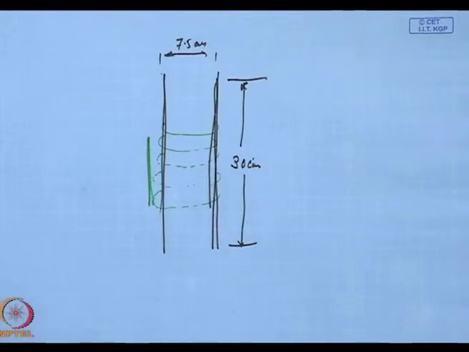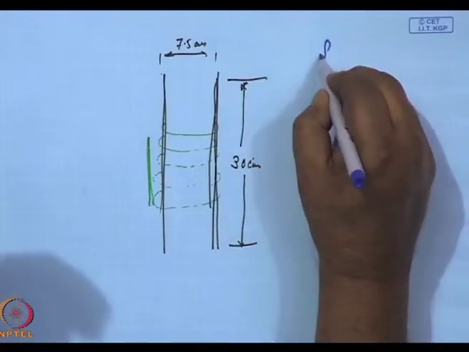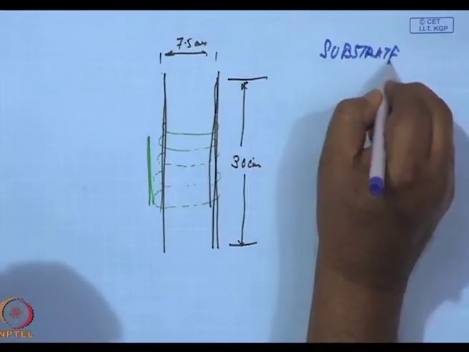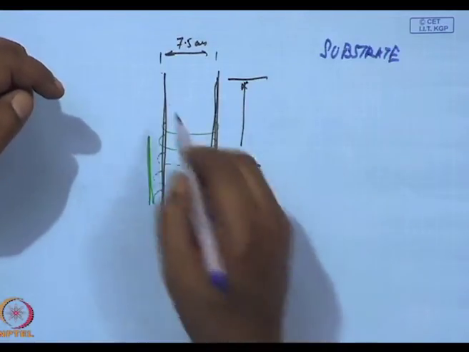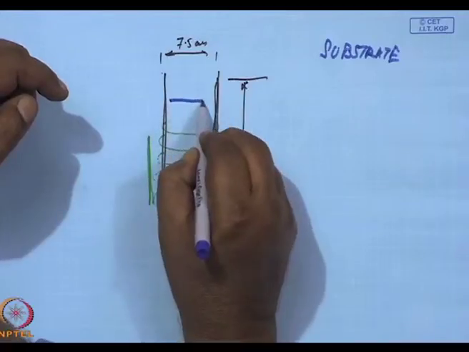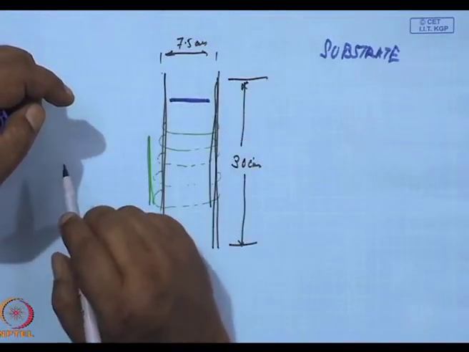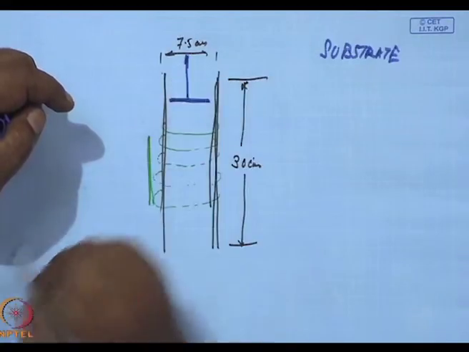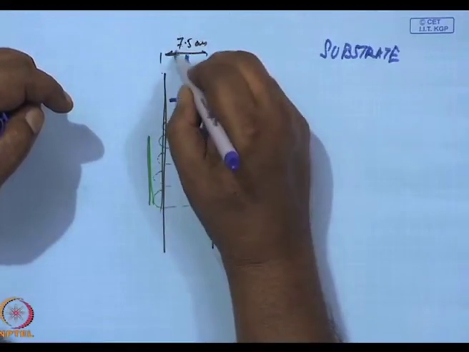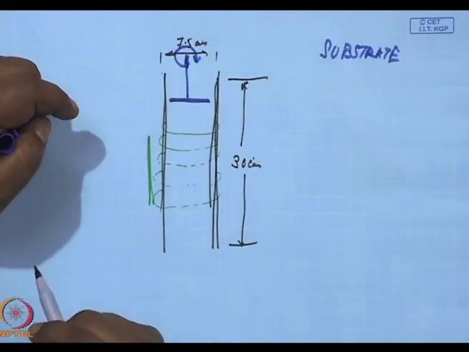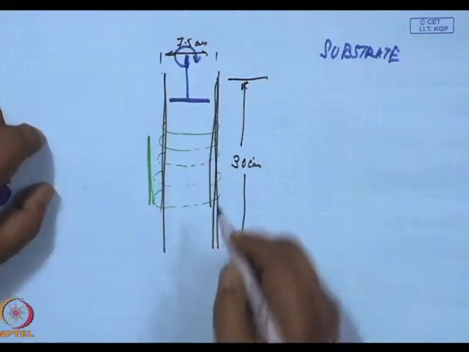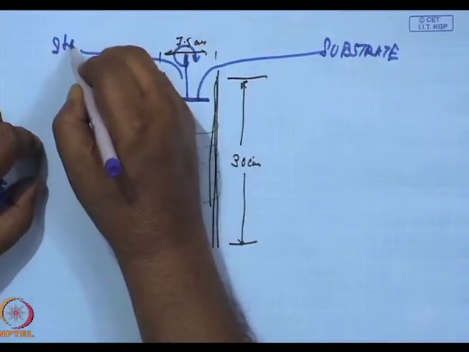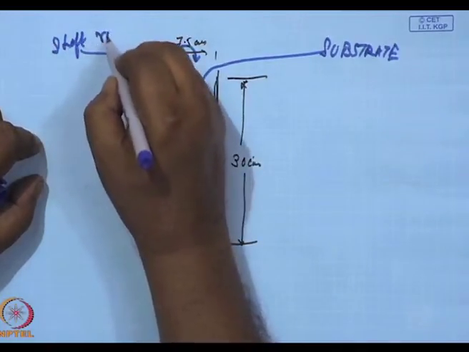Now, the next thing is the substrate. On what material do I want to deposit it? So, here is the substrate which is held, and this is a shaft connecting the substrate which rotates it. Why is this required?